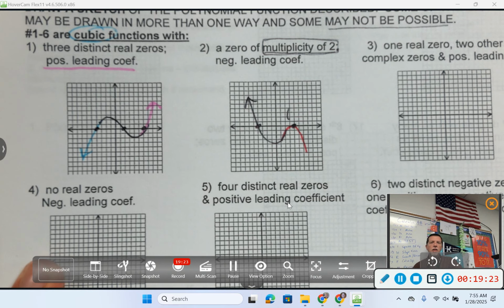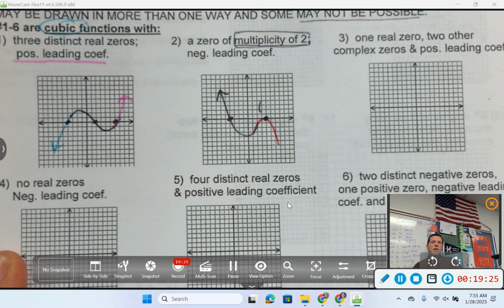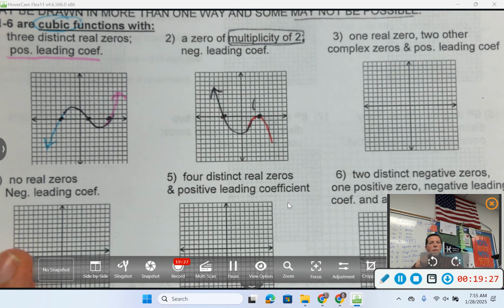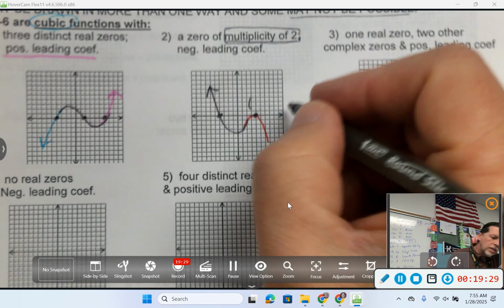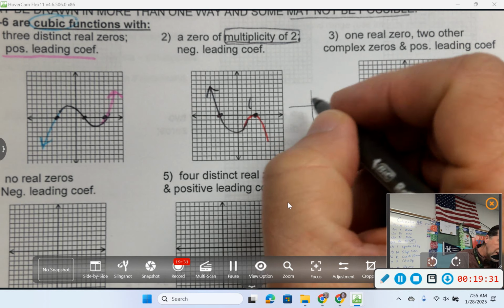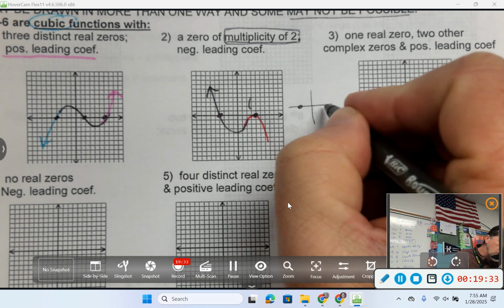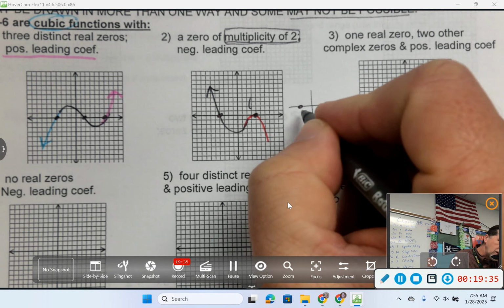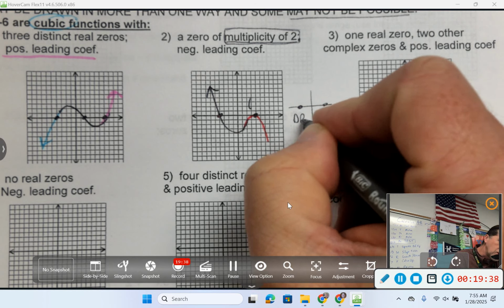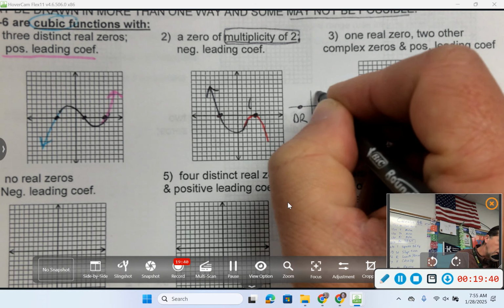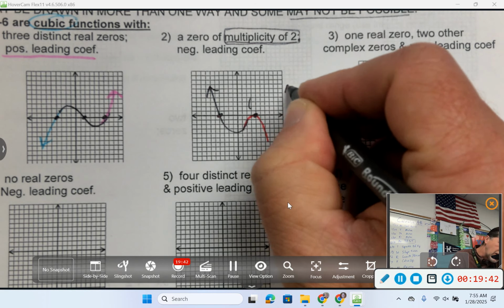What's the difference between 1 real 0 and 2? Hold on a second. Let's stay on 2. There's a different way I could have done this. If I said this was my double root, then it would have looked like that.